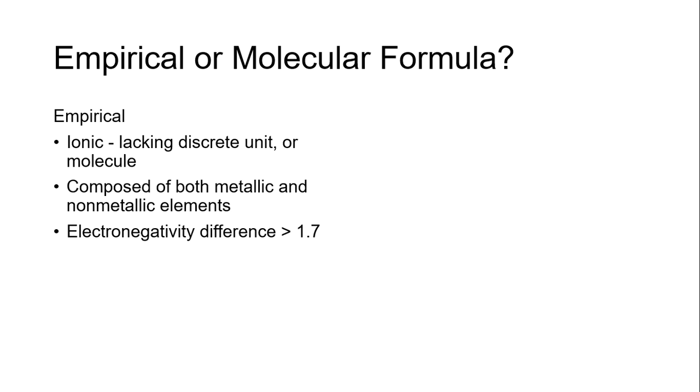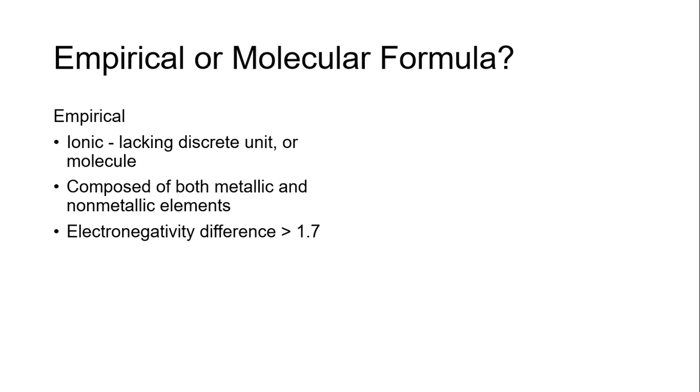So how can we tell whether the formula is empirical or molecular? Well, an empirical formula is generally ionic, meaning it lacks discrete units or discrete molecules, as we saw with the example of table salt. And an empirical formula or ionic compound is generally composed of both metallic and non-metallic elements.